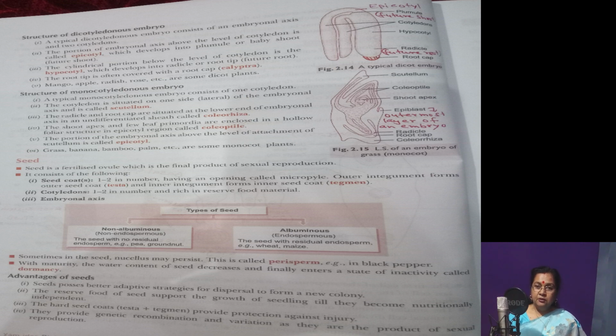If we see the vertical section of a maize grain, we see that the outermost papery cover is pericarp, the largest part is the endosperm, and then the scutellum with the coleoptile and coleorhiza.